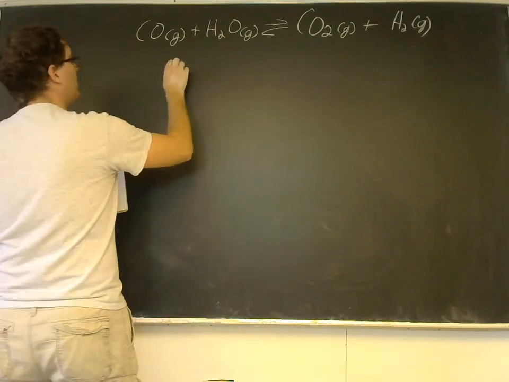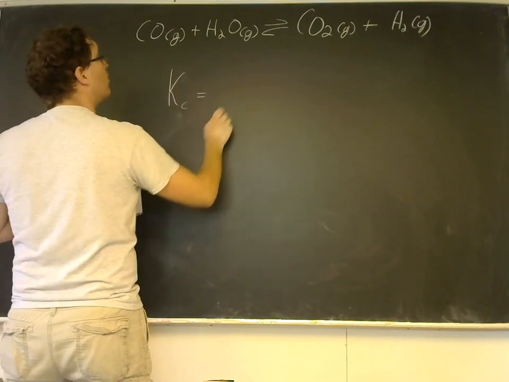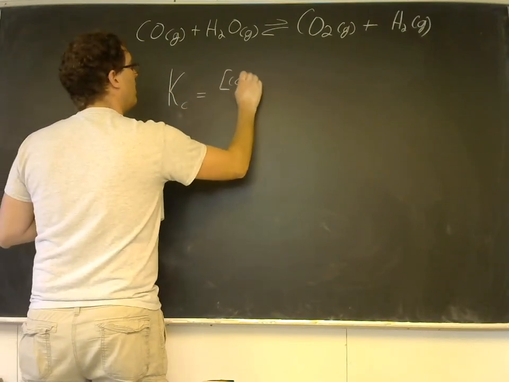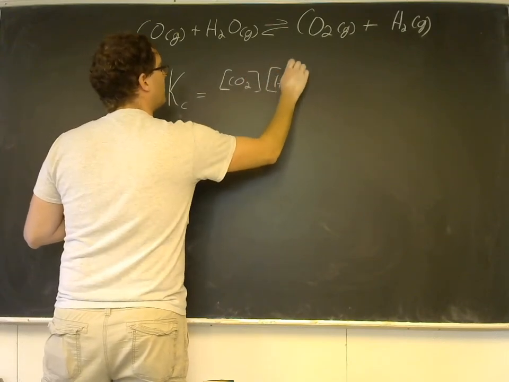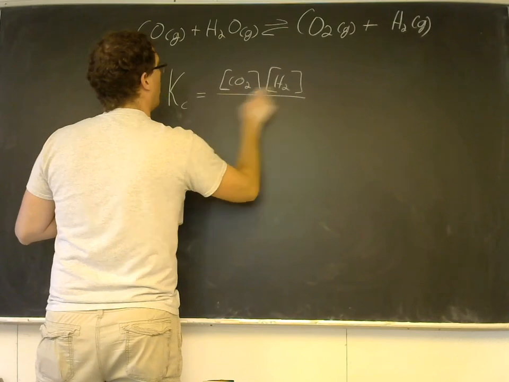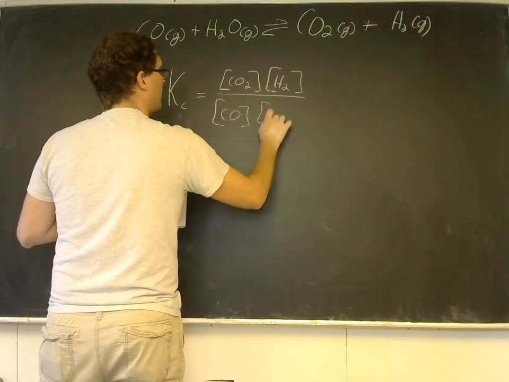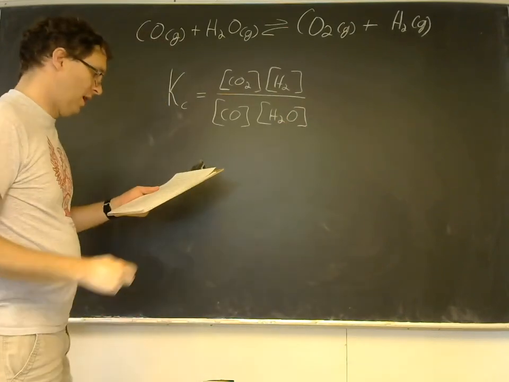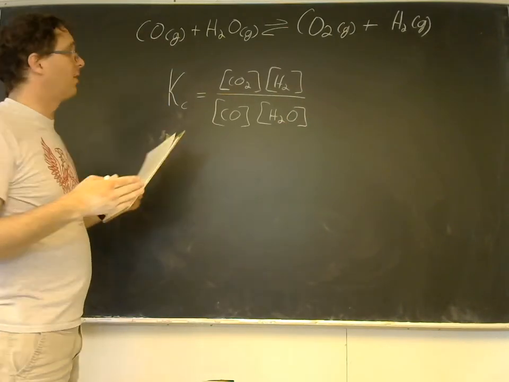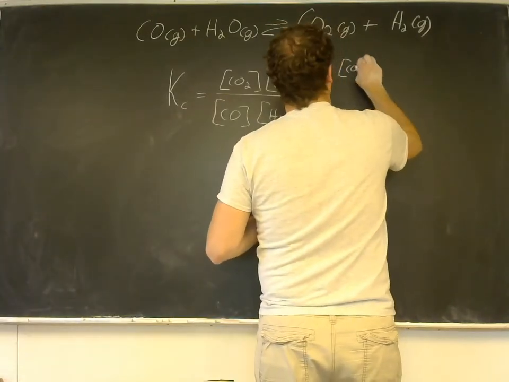What would be the equilibrium expression for this? Kc would equal the concentration of CO2 times the concentration of H2 over the concentration of carbon monoxide and the concentration of H2O. So suppose you allow this reaction to proceed and you measure all of the concentrations.